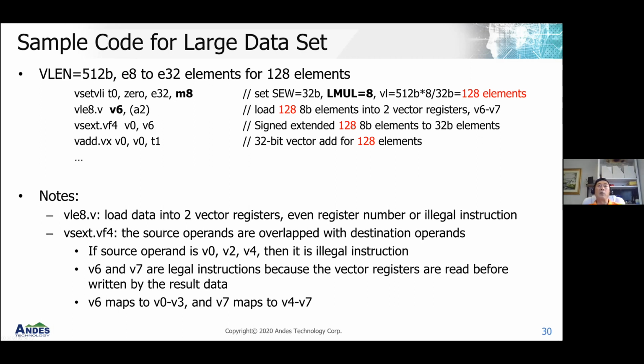And when you do the size extension, there's a rule about overlapping. The source operand cannot overlap with the destination register. So if you use a source operand in V0, V2, V4, then it's an illegal instruction. V6, V7 are legal because the vector registers are read before written. Basically V6 is mapped to V0 to V3, and V7 is mapped to V4 to V7.